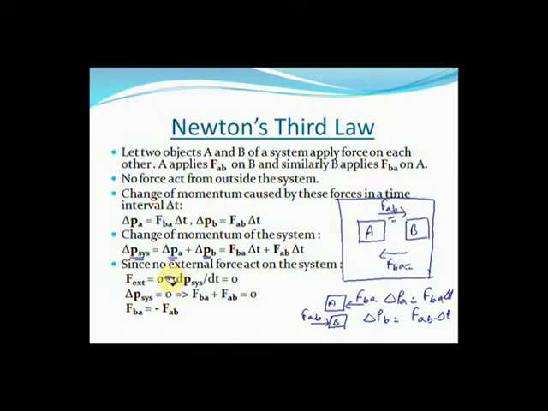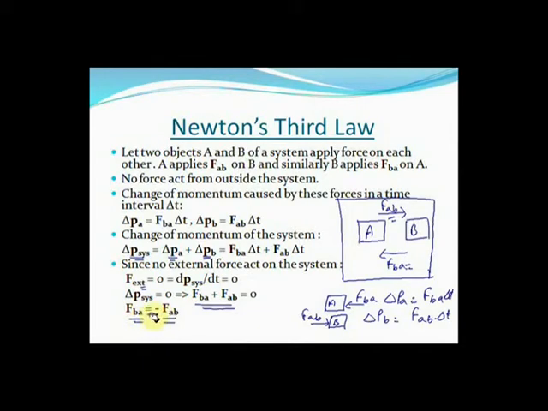Since there is no external force, we have the equation F external equals dP system by dt. Here we don't have any external force acting on the system, so F external is 0, which means dP system by dt is also 0, which means delta P system is 0, and delta P system was FBA delta t plus FAB delta t. So this implies that FBA plus FAB is equal to 0, or FBA is equal to minus FAB.